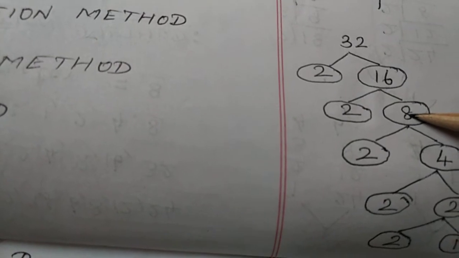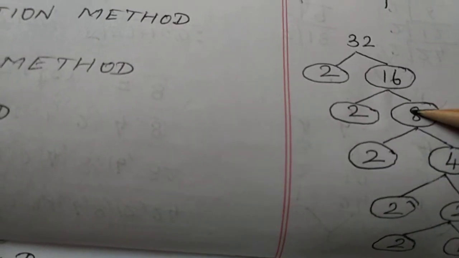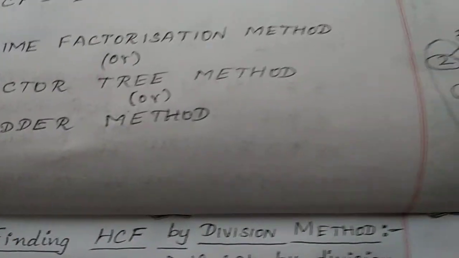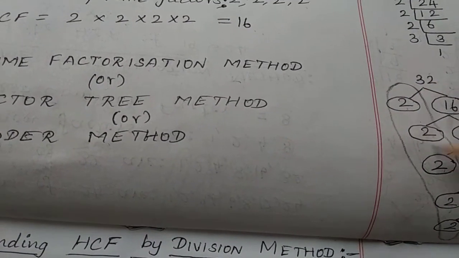So now divide 8 by 2 because 8 is an even number. So 8 by 2 is equal to 4. 4 by 2 is equal to 2. 2 by 2 is equal to 1. Till you get 1, you have to do the process of finding the prime factors. Factors are nothing but divisors. Only these numbers are divisors or factors. So 32 is equal to 2 into 2 into 2 into 2 into 2. So this method is called factor tree method.